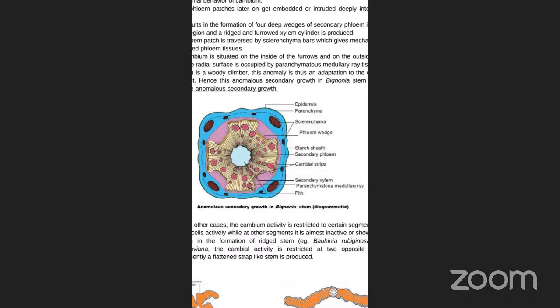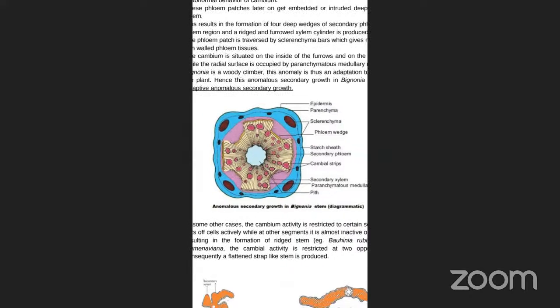Inside it forms xylem; outside it forms phloem and parenchyma, and forms four wedges, four wedges of strips.